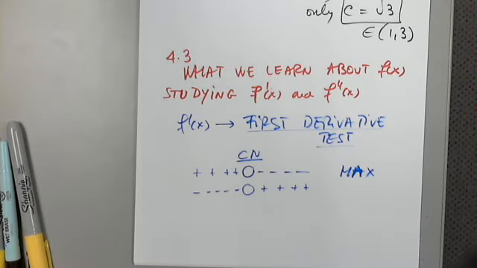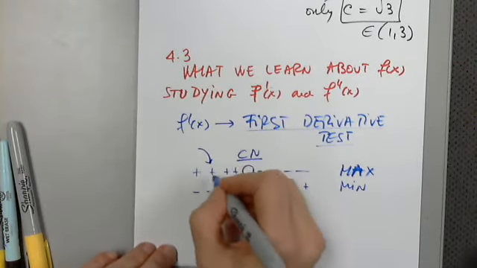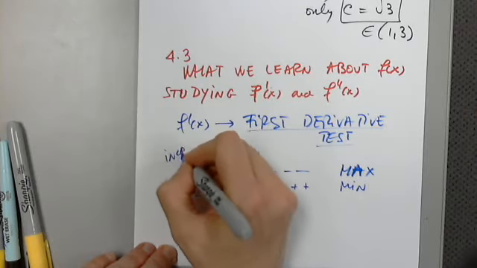Okay, what if we have this situation in which the derivative is negative, then it's 0, and then it's positive? Yes? Now, what does it mean when the first derivative is positive? What does it say about the function? That the function is increasing.